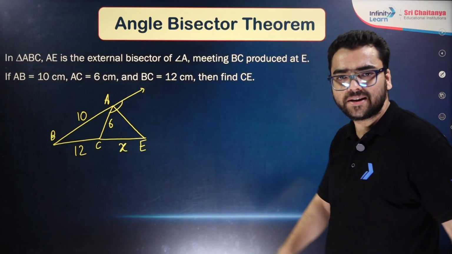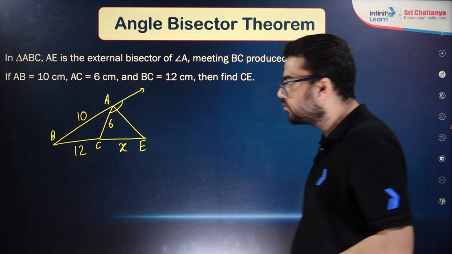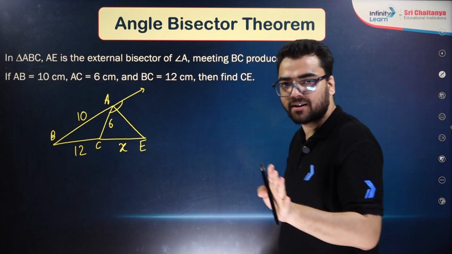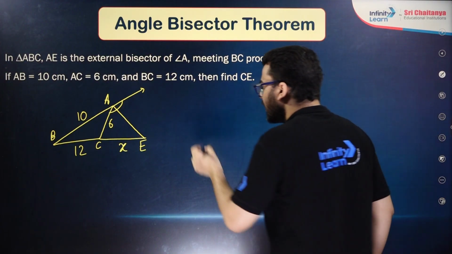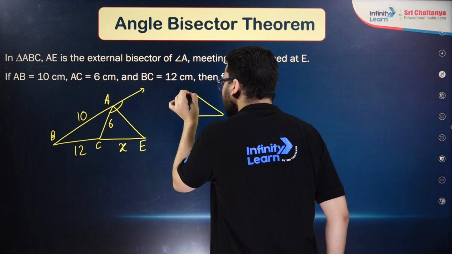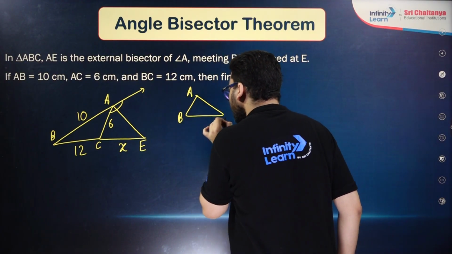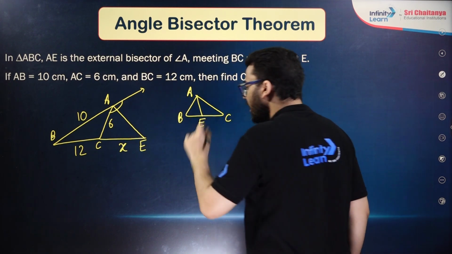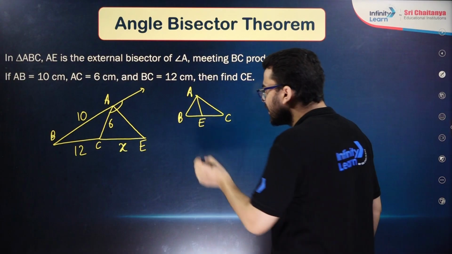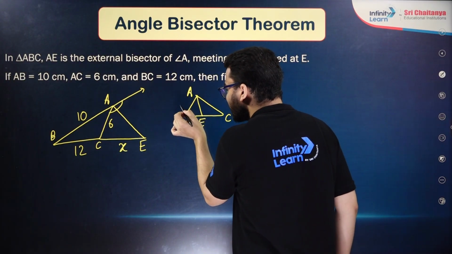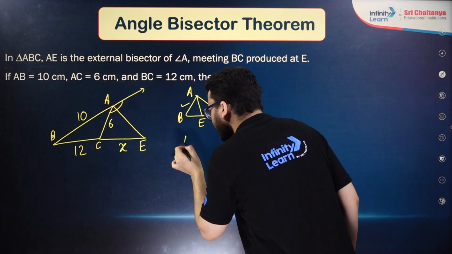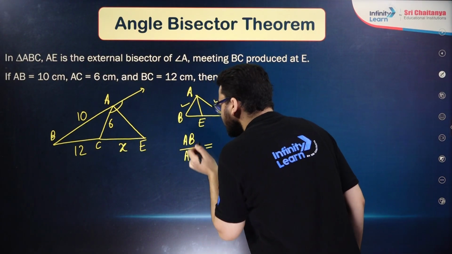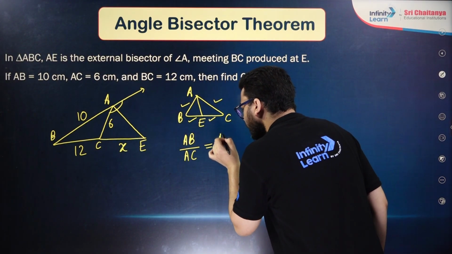Now how will you write the relation over here? Many students will do this, AB upon AE, BC upon CE. That is not correct. How will you do that? See this, make the same triangle ABC, take the bisector inside the triangle, right? Now what will be the relation? Using internal angle bisector theorem, AB by AC is equal to BE by EC.